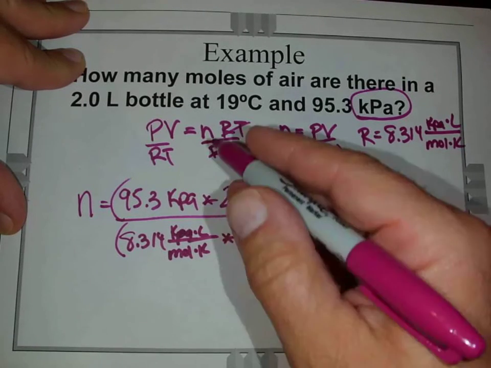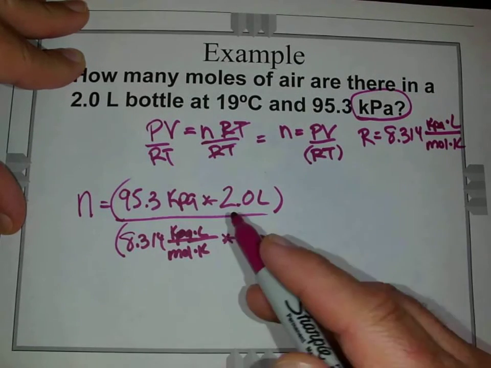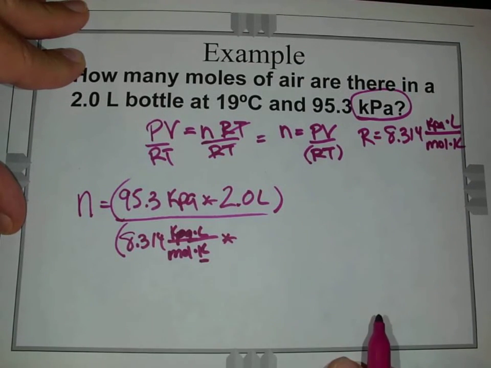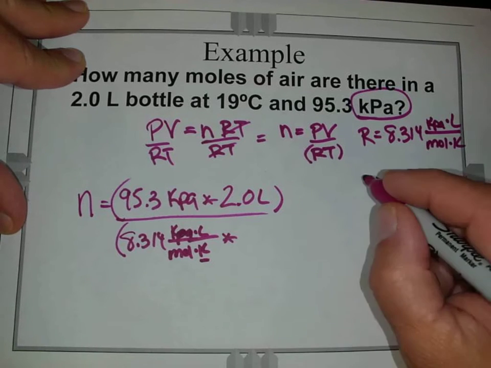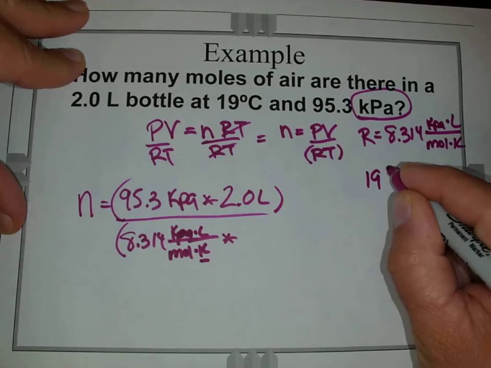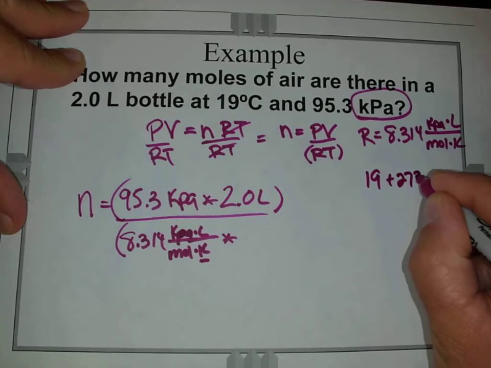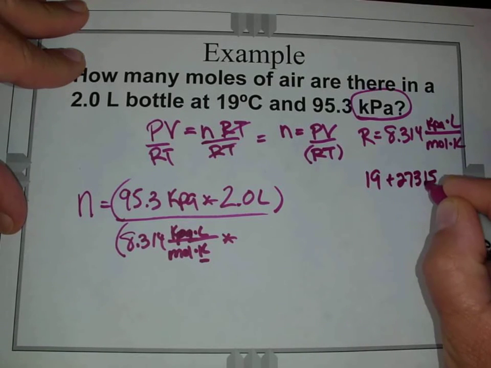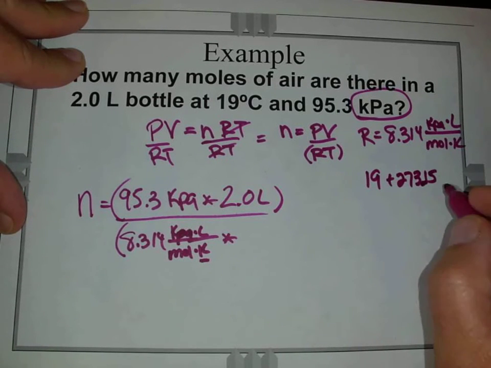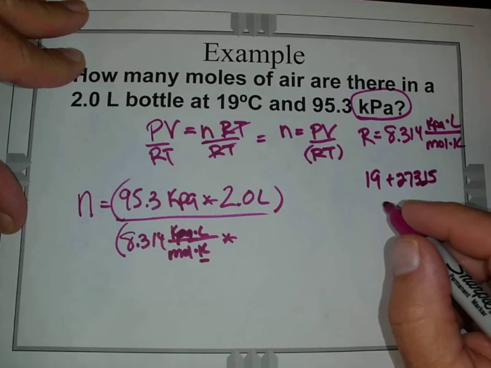And the temperature, well, now we can't use Celsius, so we have to take our 19 degrees and add 273.15, and that would give us no places behind the decimal.